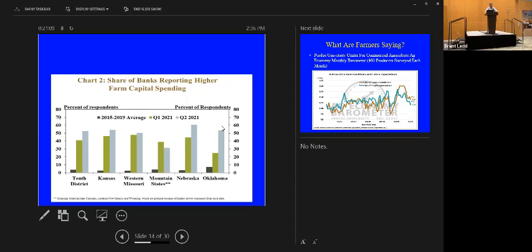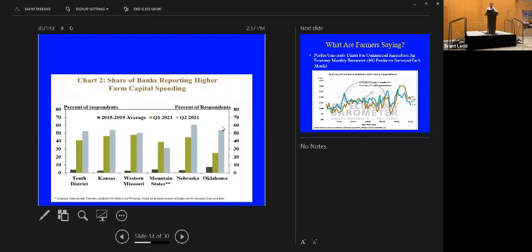As you look at the latest quarter in this report, the second quarter of 2021 would be the blue bars there, up all across the region, up in Oklahoma, up in Nebraska, up in Kansas, relative to even the first quarter of 2021, and certainly well above the levels that we saw during what I would call the farm economic downturn of, say, 2014, 15, 16, up through 2019.